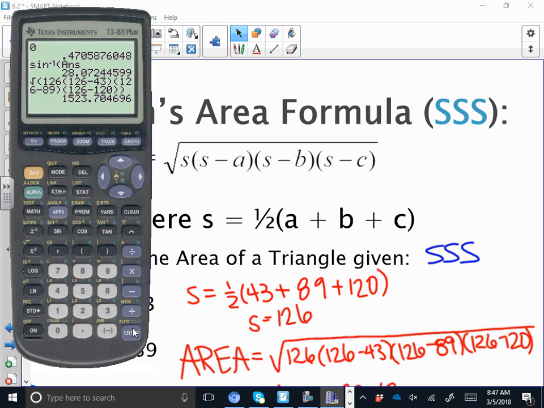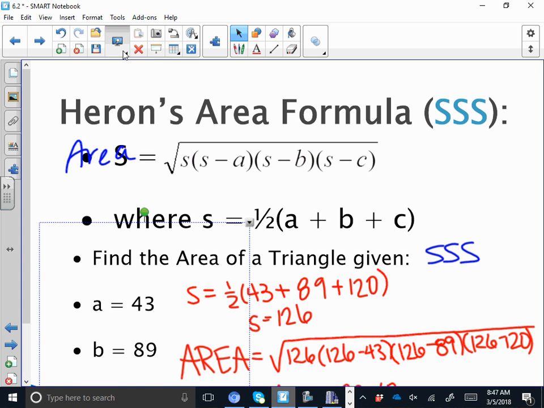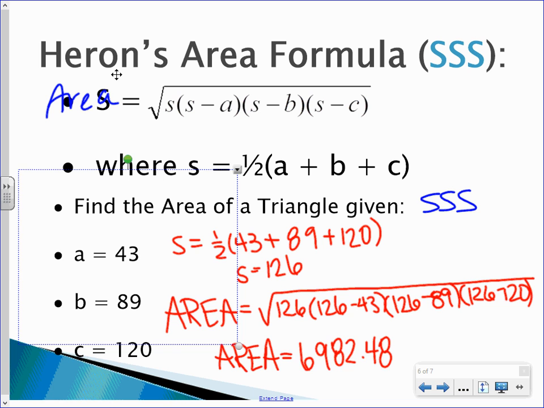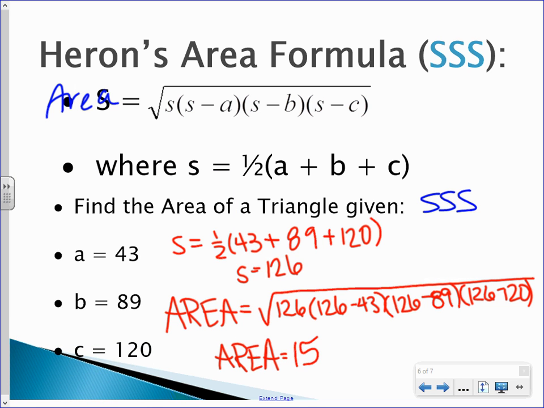There we go. Okay. So our area is 1,500 point, I don't remember the rest, 7, 0. Okay. And that would be square units, whatever the units were.